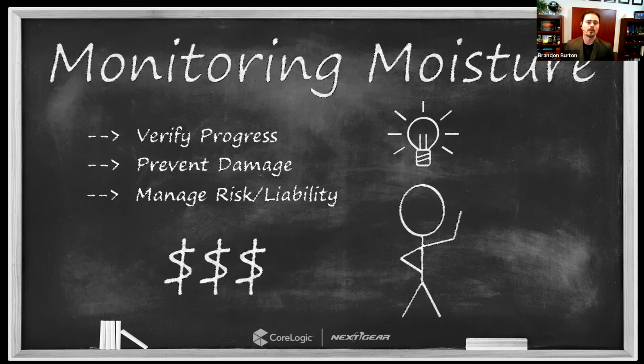My average profitability from a drying perspective, removing moisture from building materials and restoring those materials through equipment rentals, et cetera, very easily double digits. I won't get into exact numbers because every business is different, but you are far more profitable drying than you are replacing. So it hits me in the dollars and cents if I can monitor properly, because monitoring properly allows me to restore those materials.